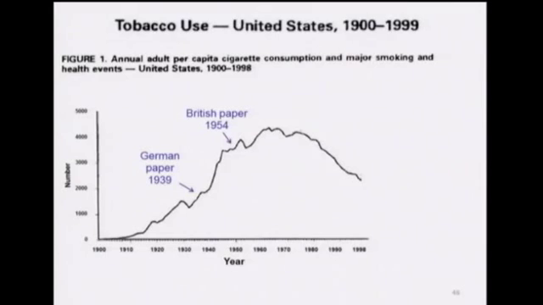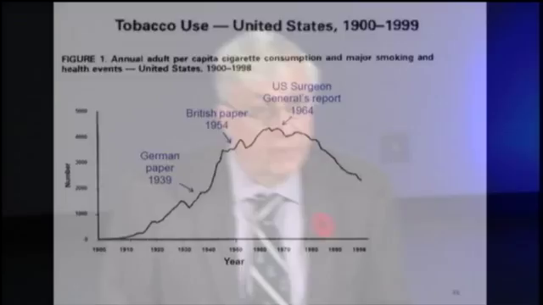So we have that paper in 1939, that paper in 1954. In 1964, the US Surgeon General issued a report that is famous because the Surgeon General stated, using, among other things, those Bradford Hill criteria that I discussed earlier, that yes, now we can say scientifically, validly, that cigarettes cause cancer and other diseases.